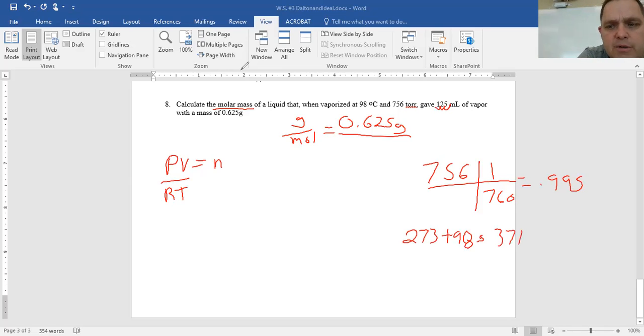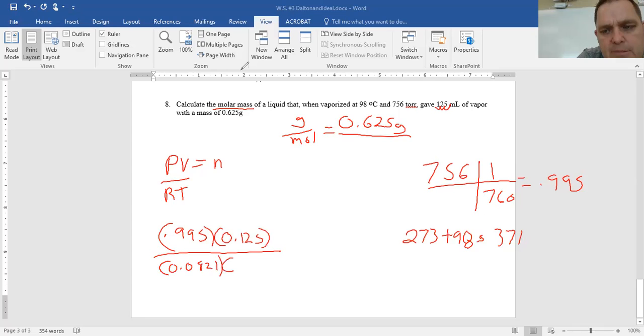So let's plug all our numbers in. We got a pressure of 0.995, a volume of 0.125, divided by our constant, 0.0821, times our temperature, 371. When I'm all done with this, I get 0.00408.